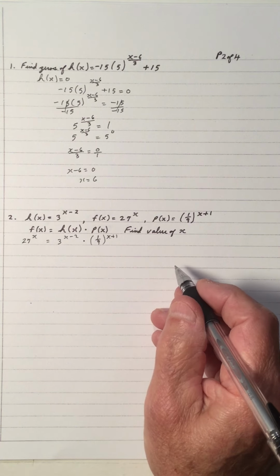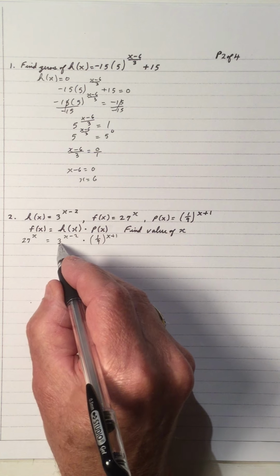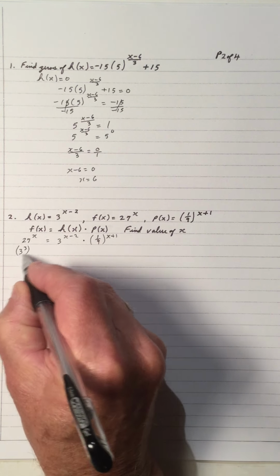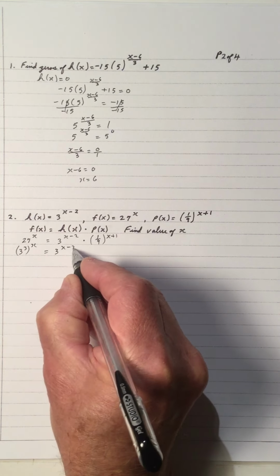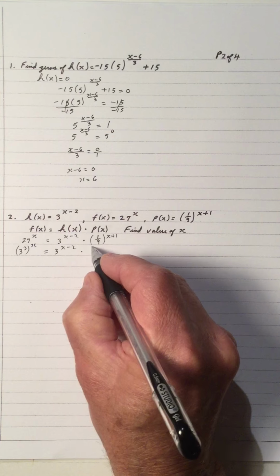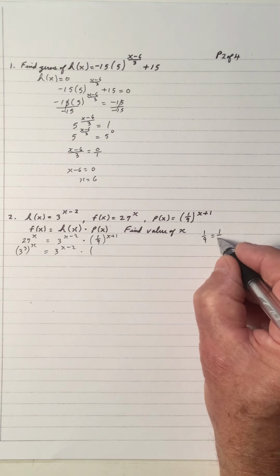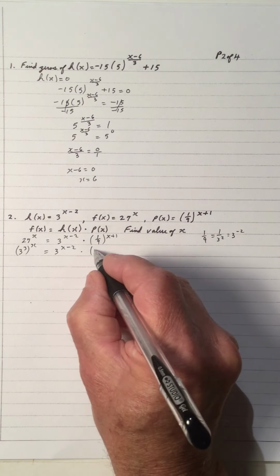We have to find the value of x, and these are exponentials. I notice that the base is 3 here, so 27 is 3 cubed. So we'll change 27 to 3 cubed. That's already base 3. And 1/9 is 1 over 3 squared, which is 3 to the negative 2.